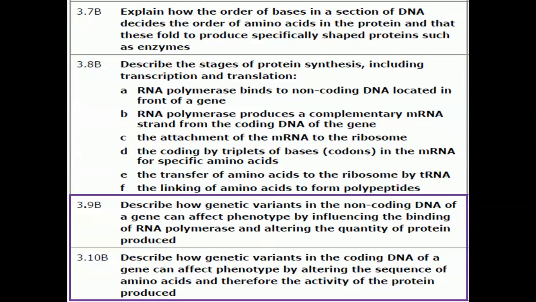Whereas in 3.9b, if a mutation happens in the non-coding region in front of the gene, it affects the binding of the RNA polymerase. So if there is a more effective binding, more protein will be produced. If there is less effective binding, less protein will be produced.